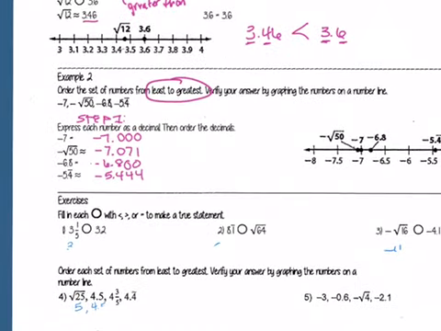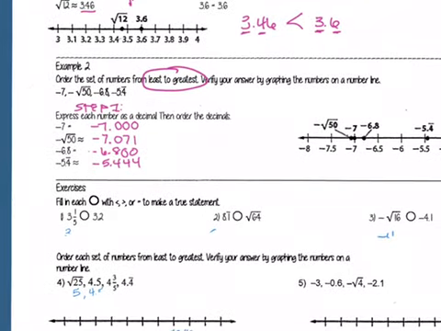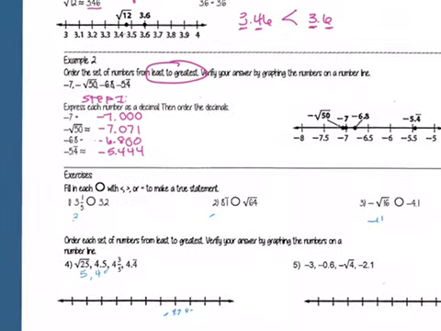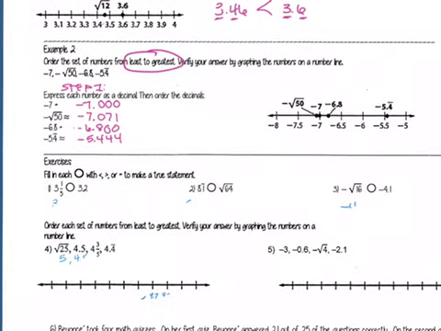The one thing that's a little funky about integers with these negatives: the bigger the digit when they're negative, the smaller the number actually is. So basically the farthest from 0, the smaller the actual number.